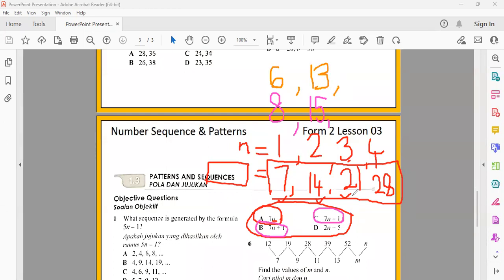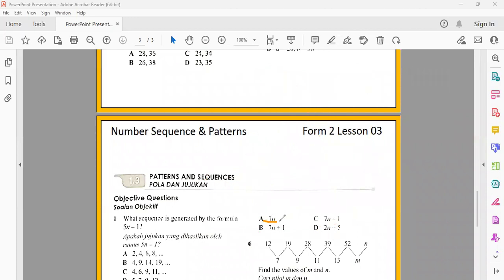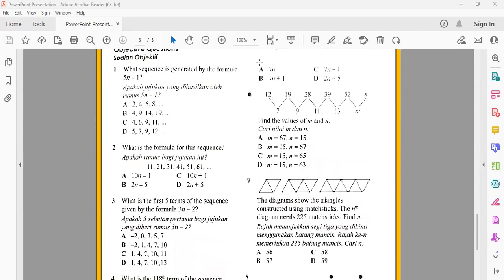The next would be 21 minus 1, 20. Do you see that, girls? And if it's 2n plus 5, it's a completely different number. So, yes, our answer is 7n. Okay, clear? I hope my explanation helps. Now, number 6.